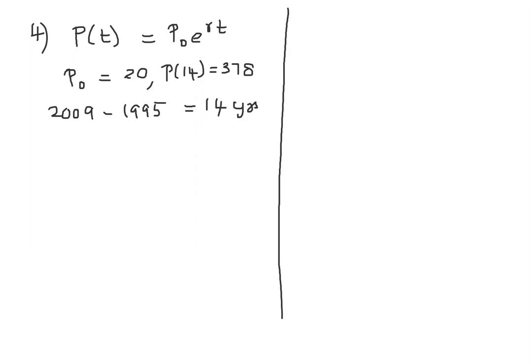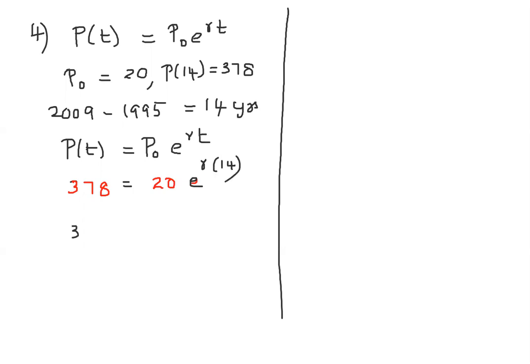So let's plug in. So this is the formula. P of t is, we're going to plug in all the numbers here. So it's going to be 378 equals P0, which is 20, times e to the power, we don't know the r, t is 14.